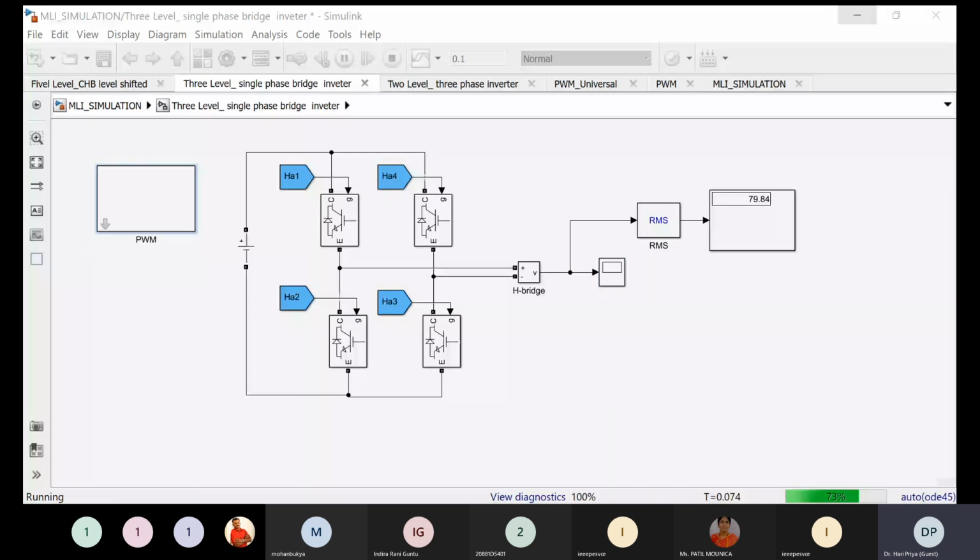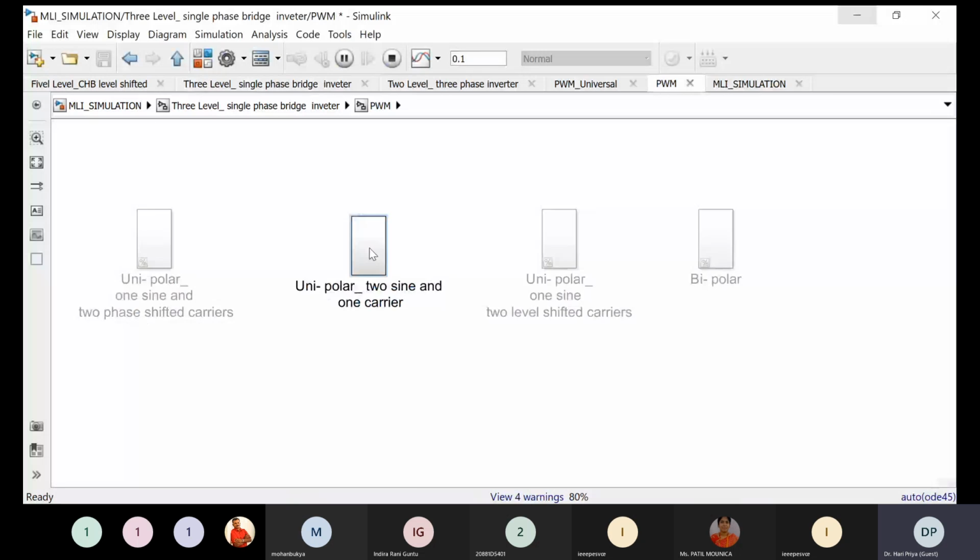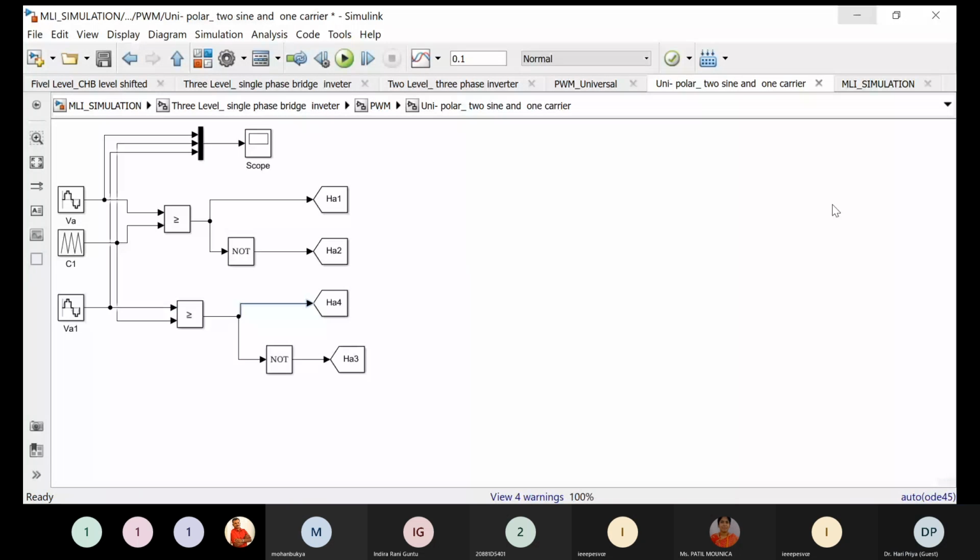There are multiple approaches for doing it. Let me take this approach, where one sine wave is compared with a triangular wave and you get one set of pulses. A second sine wave is compared again with a triangular wave, and you get another set of pulses.